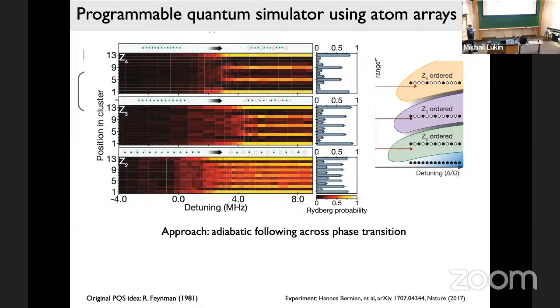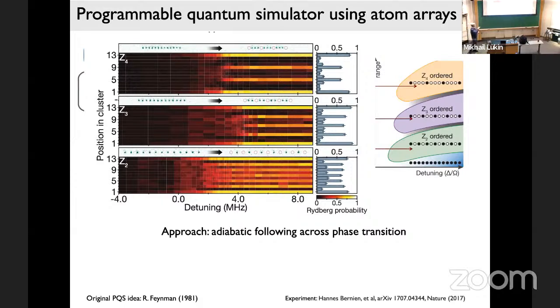Basically, all these states differ by just the initial position of the atoms. We excite the atoms to the same Rydberg state, in this case the 70th state. But here, for example, the atoms are sufficiently far away that only the nearest neighbor is blockaded. Here they are brought closer, so you can only excite every third atom, and here you break this Z4 symmetry.